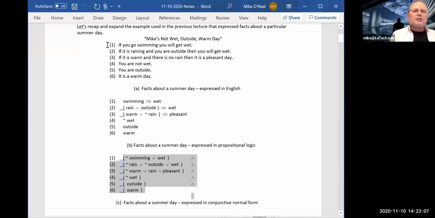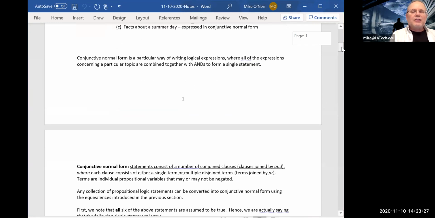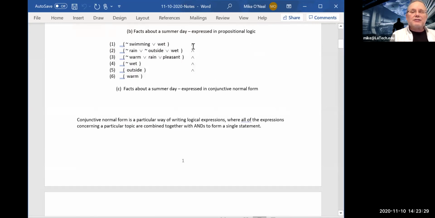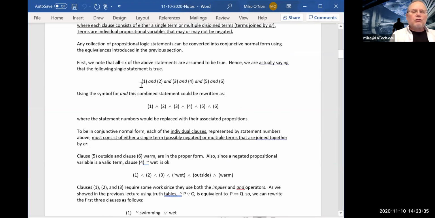So what you're really saying is statement 1 is true, and statement 2 is true, and statement 3 is true, and statement 4, statement 5, and statement 6 are true. All of that together is true. Notice the word that I was using: 1 and 2 and 3 and 4, and we have a symbol for and, it's these symbols right here. What we're really trying to say is 1 and 2 and 3 and 4 and 5 and 6, which we could rewrite by replacing the word and with the and symbol.